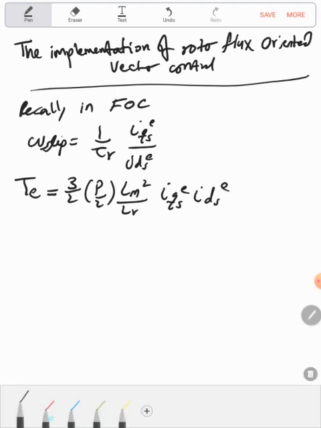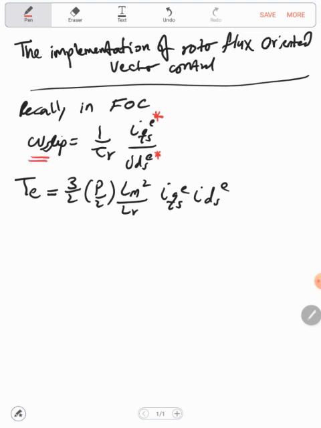So we need to find the reference current for the torque component of the stator current, and also we need to determine the reference current for the flux component of the stator current, and so we can calculate omega slip, and from the knowledge of the speed of the motor we can calculate omega synchronous, where omega E will equal omega R plus omega slip.